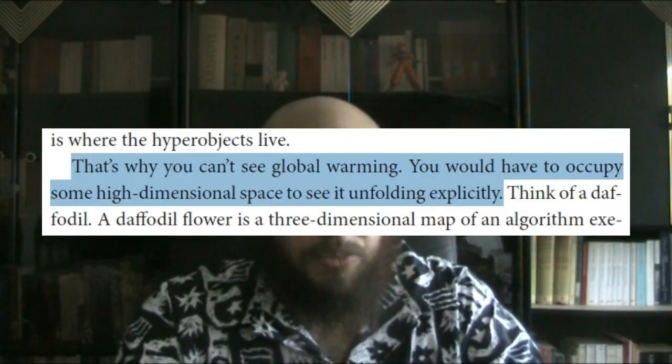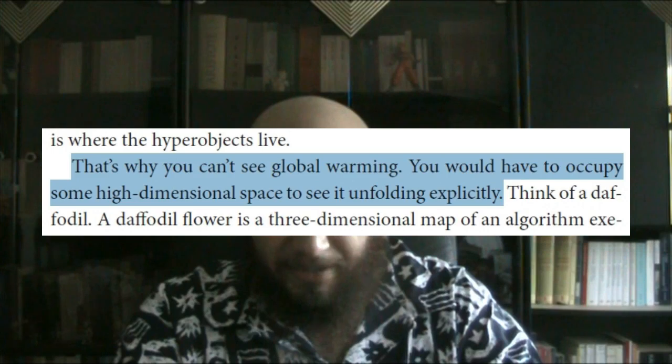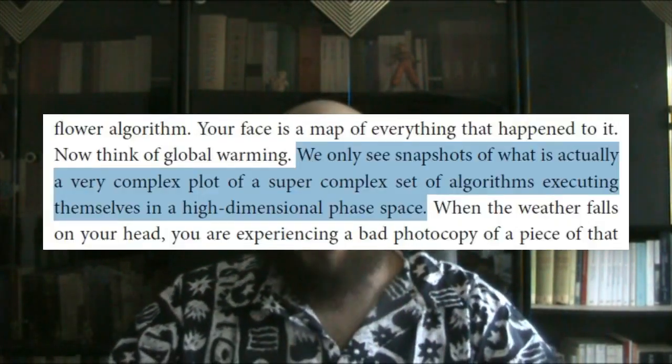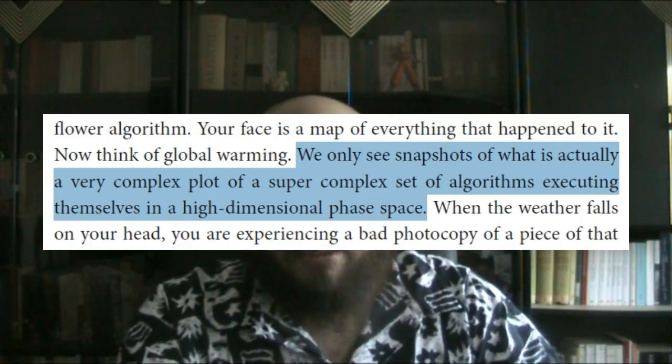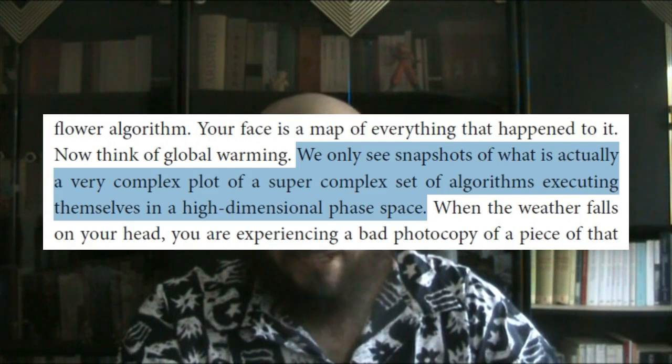And so similarly, hyperobjects are from a higher dimension. Quote, "That's why we can't see global warming. You would have to occupy some high-dimensional space to see it unfolding explicitly." And so global warming can only be seen by us, at least, as just snapshots of what is actually a very complex plot of a super complex set of algorithms executing themselves in a high-dimensional phase space.